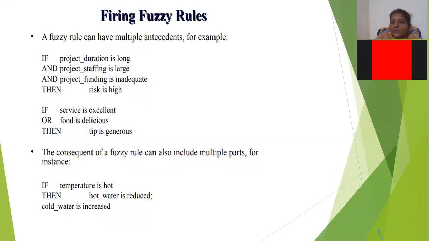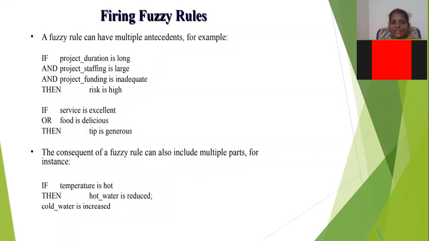Similarly, another example: if service is excellent or food is delicious, then tip is generous. Similarly, the consequent also may include multiple parts.